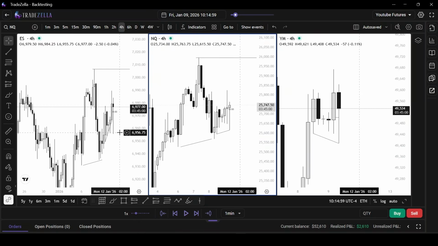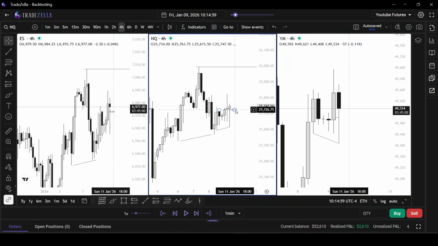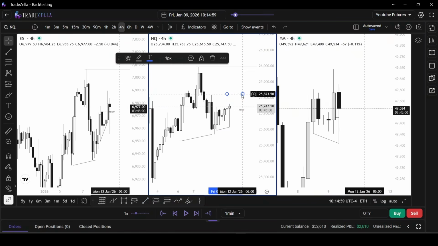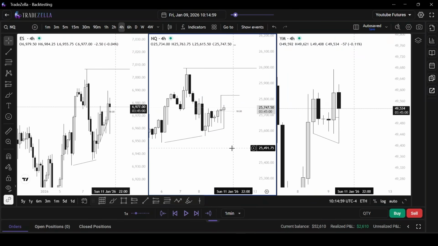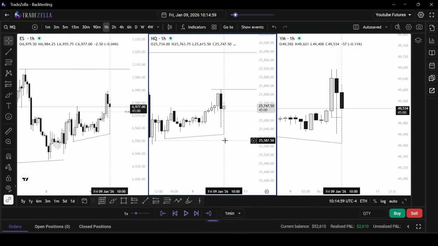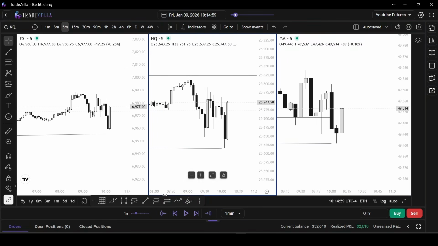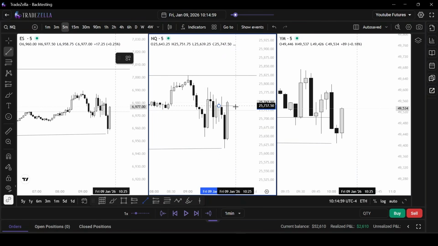But the only thing I don't like about it is this current 4-hour candle has a large wick, and that is not good for expansion. But nevertheless, we're going to try it. If this hourly fractal model is going to hold, then we should trade to this high. And right now on the 5-minute, we just got this CSD.